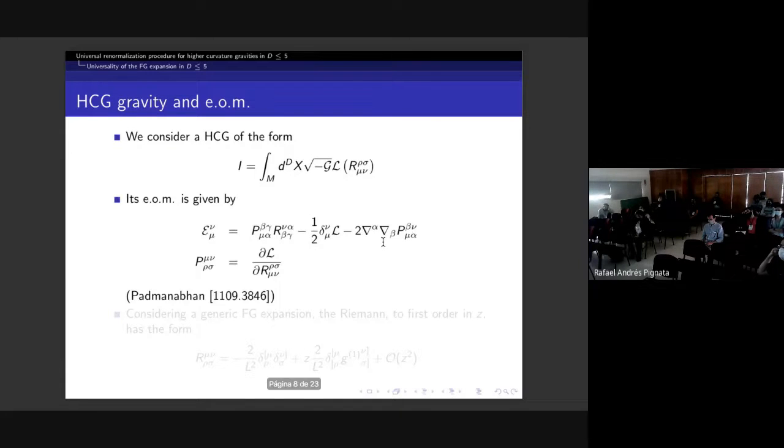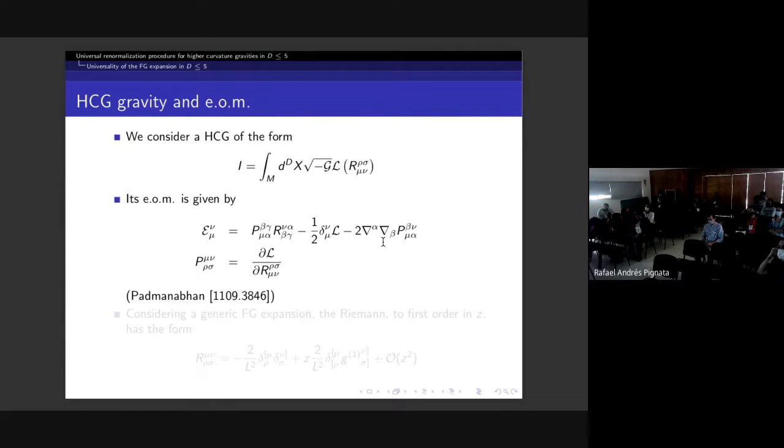And the equation of motion of a generic higher curvature gravity theory is given by this. This is the equation of motion tensor, which should be equated to 0. The variation of the action basically gives you the equation of motion tensor in the bulk times the variation of the bulk metric, plus a boundary term, just like the standard thing in classical mechanics.